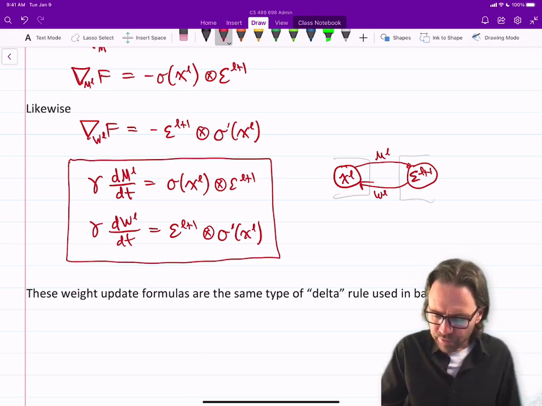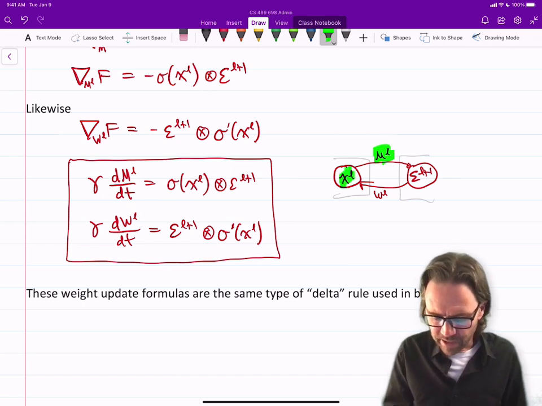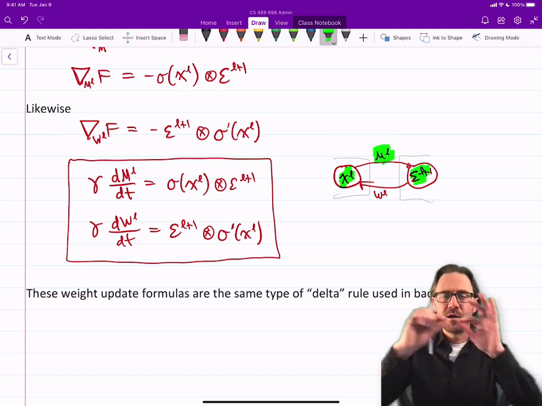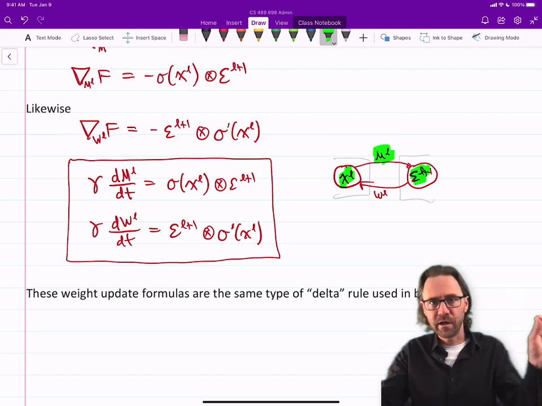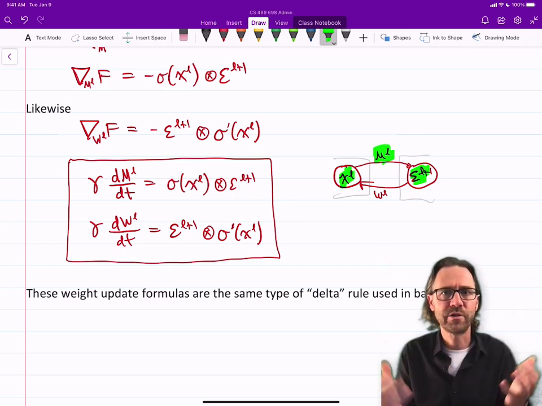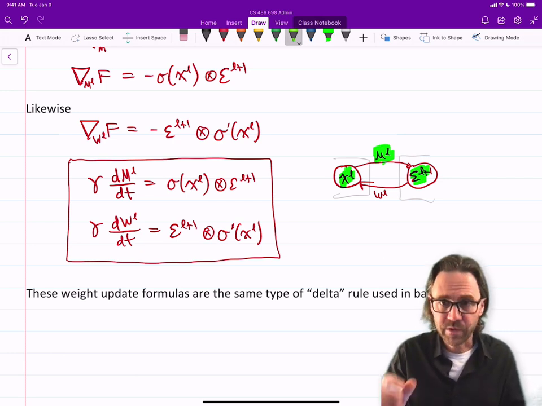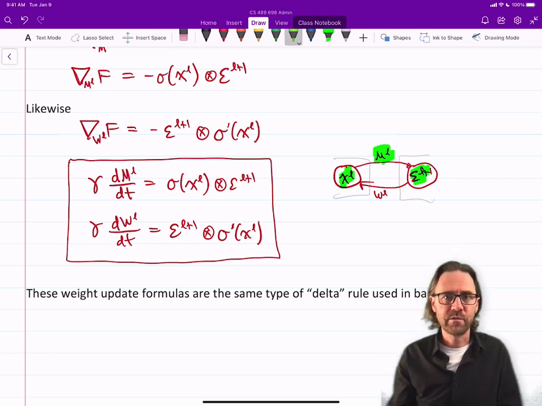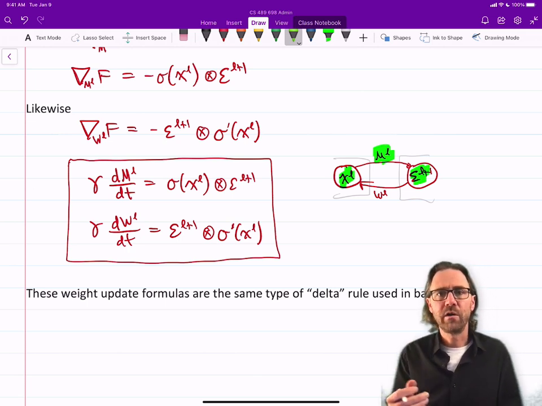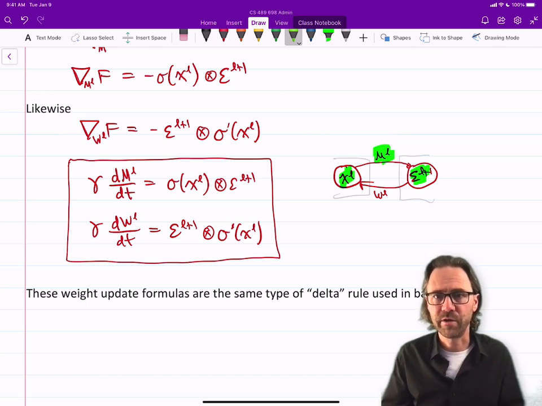The update to M uses only the presynaptic activity and the postsynaptic activity. So adjacent to a synapse, all it needs to know is the activity where it's coming from and the activity where it's going to. All that information should be available in the vicinity of the synapse. So in that sense, these update rules, even though I'll show you that they're basically doing backprop, are local rules, and so satisfy that biological plausibility constraint.